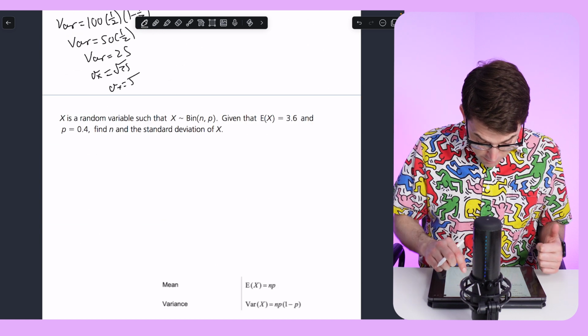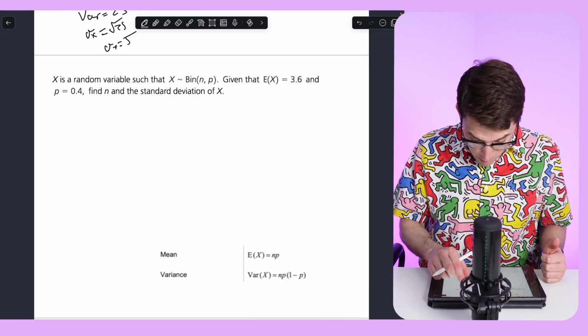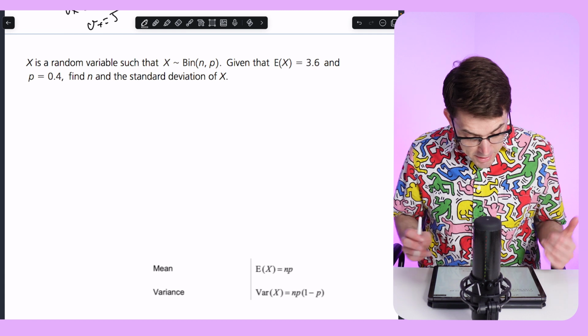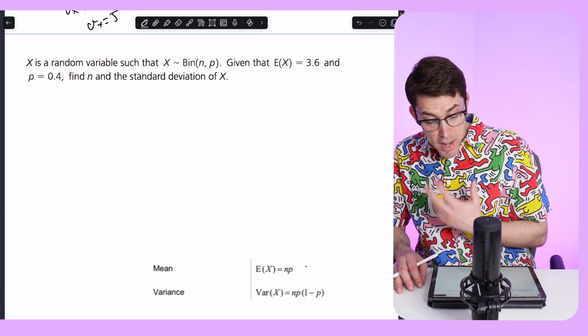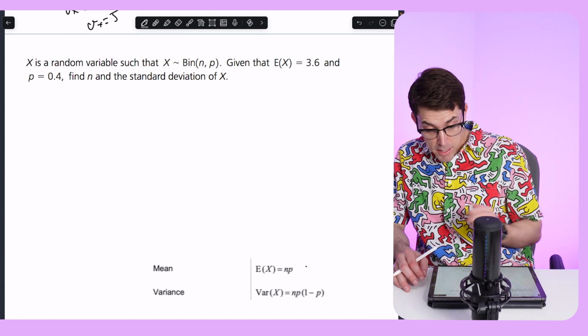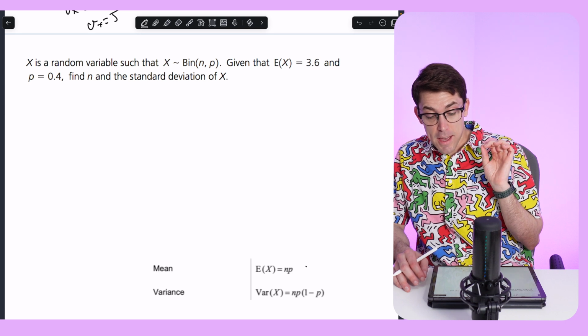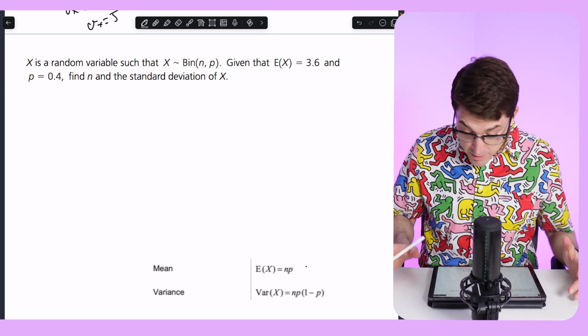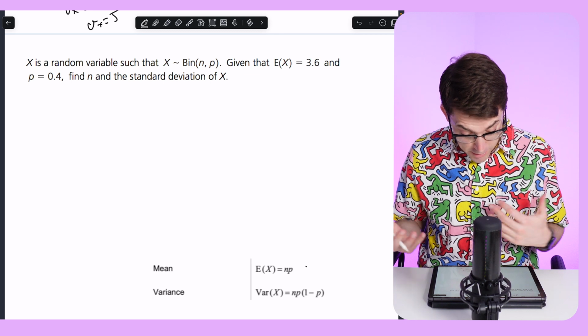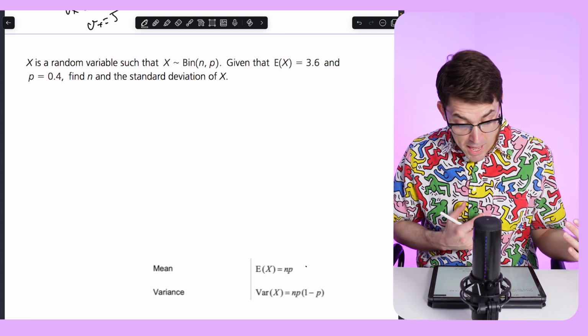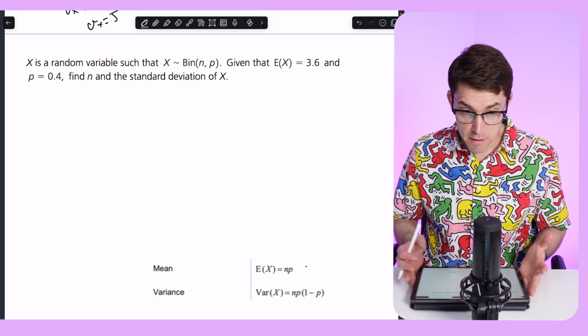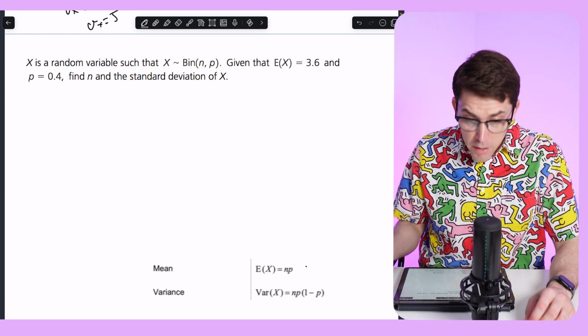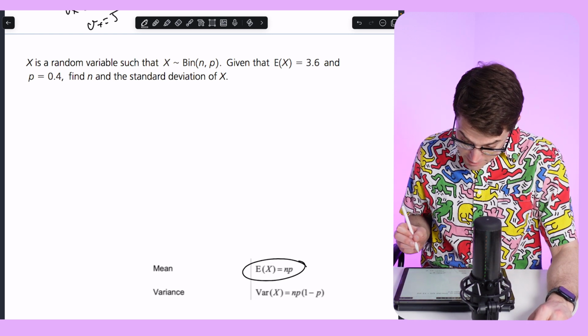So let's take a look at an example problem here. Let's say that X is a random variable such that X has a binomial distribution with n and p. It's given that the expected value is 3.6 and that the probability of success is 0.4. So let's find n and the standard deviation of X. Let's remember that the expected value is n times p.